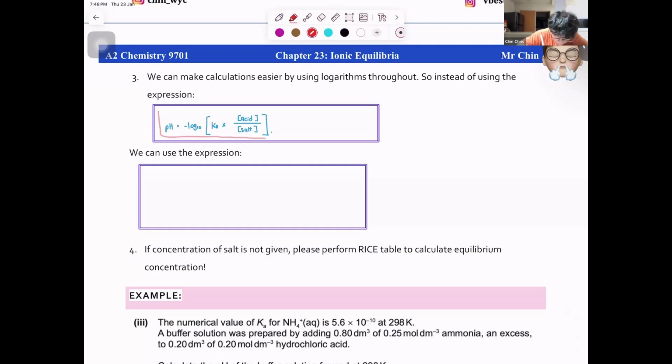Done. And guys, if you're applying this equation, remember this is only for buffer solutions only.